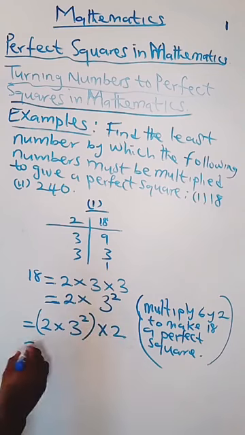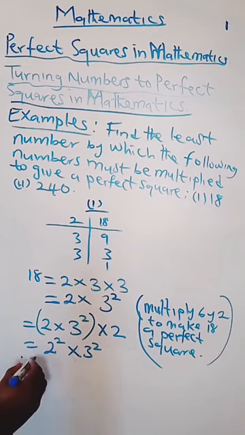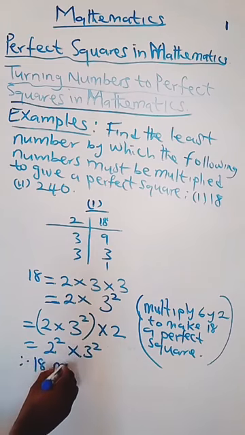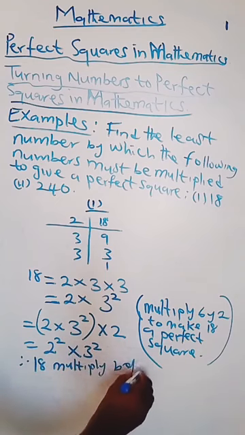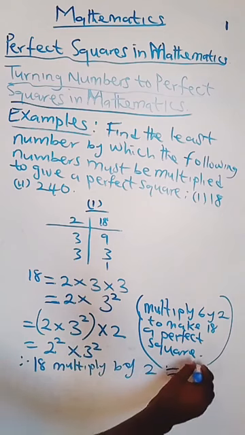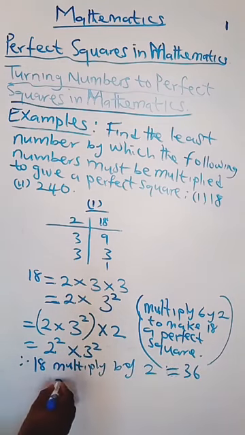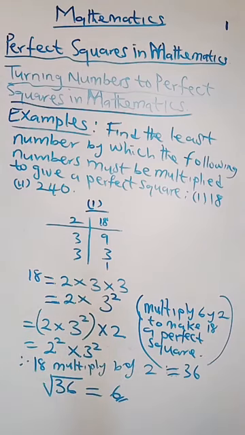So it will now be 2 raised to power 2 times 3 raised to power 2. So now it is a perfect square. Therefore, 18 multiplied by 2 is 36. So 36 is a perfect square. Square root of 36 is 6. So that's how to turn 18 into a perfect square.